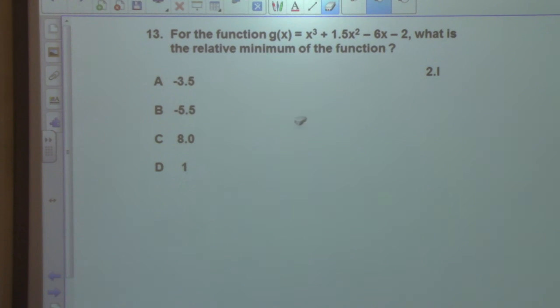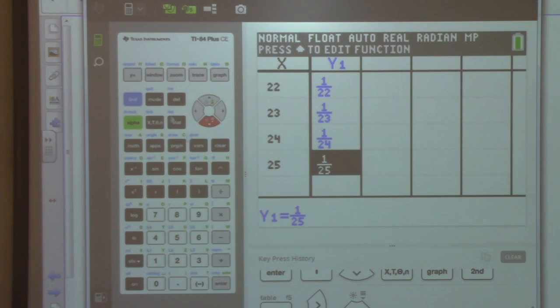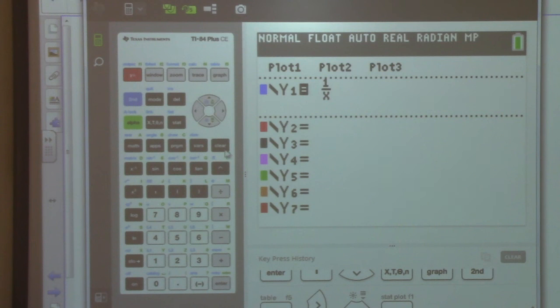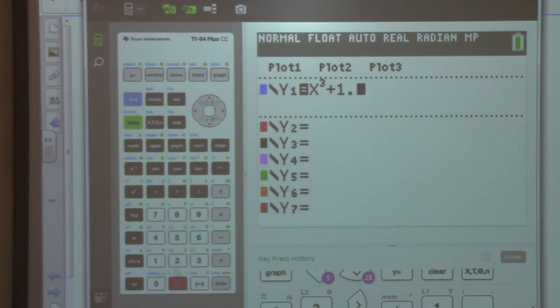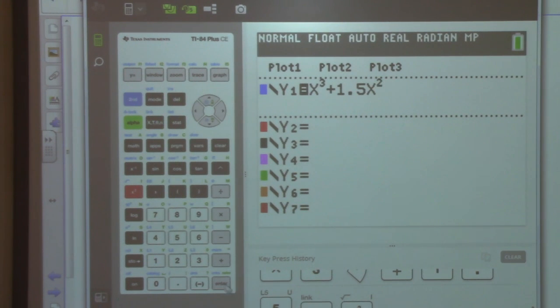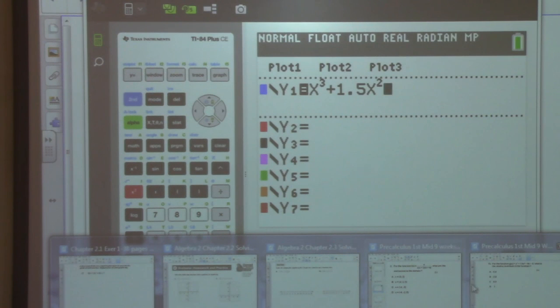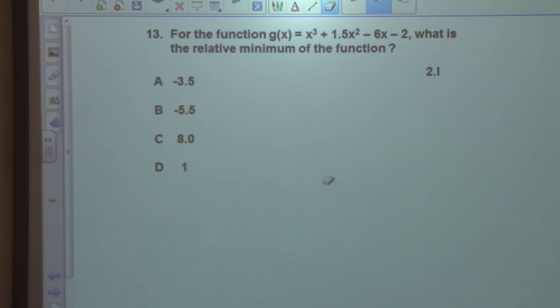It so happens that I erased that other one, but if you take x cubed plus 1.5x squared, and it's going to be, what was it? Minus 6x minus 2.